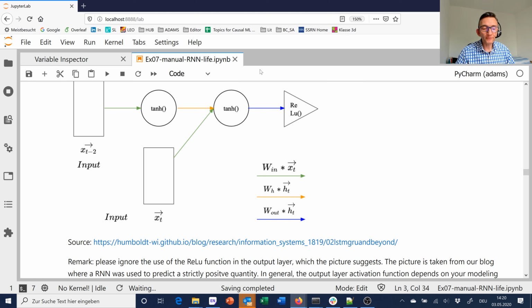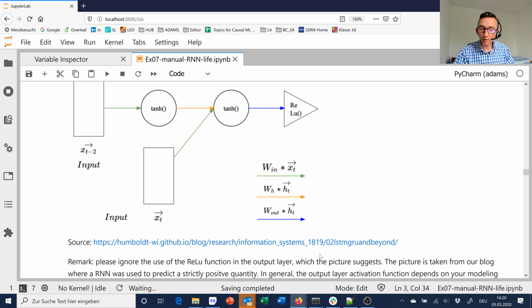And by the way, don't be confused why we have a ReLU function here in this triangle, which is to denote the output layer. That is because in that blog post, the students were predicting crime occurrences, and the number of crimes committed in an aerial unit, like in a certain zip code, is a positive number between 0 and, well, plus infinity, essentially.